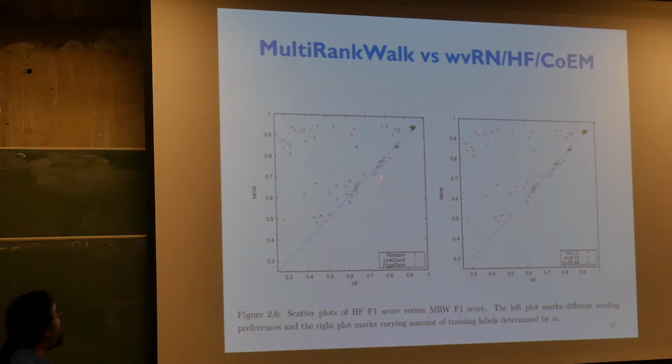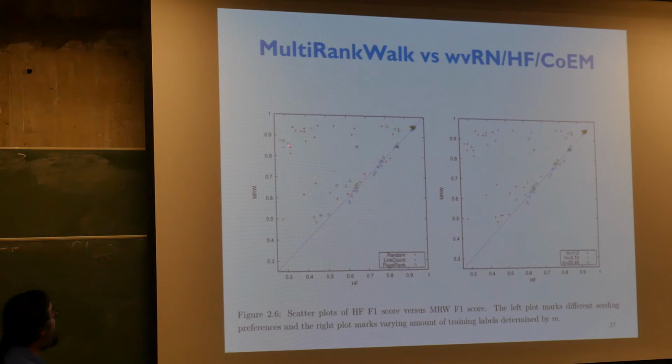These are a couple of big overviews of the data. Here, every point is an experiment, and the red ones are with random seeding. The green ones are with page rank seeding. The blue ones are with link count seeding. Each one is a different data set, a different fraction of training data, right?